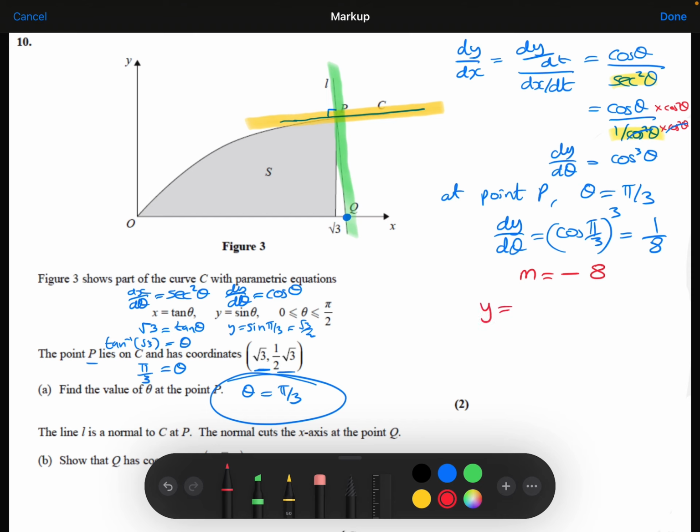I can now do y equals mx plus c. I know it passes through point P, which is this coordinate, so let's substitute that in. So I get root 3 over 2 equals minus 8 root 3 plus c.